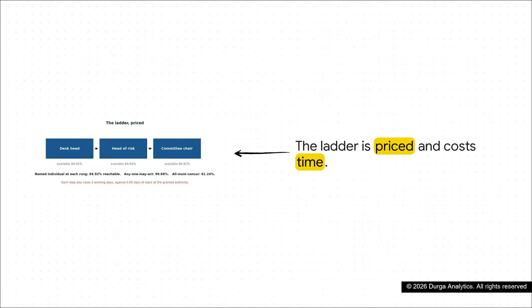And here's the kicker. Each step on this escalation ladder costs 2 working days. 2 days. Keep that massive time cost in mind, because remember, on a compliance desk, time cannot be hurried by commercial urgency. The clock is ticking.